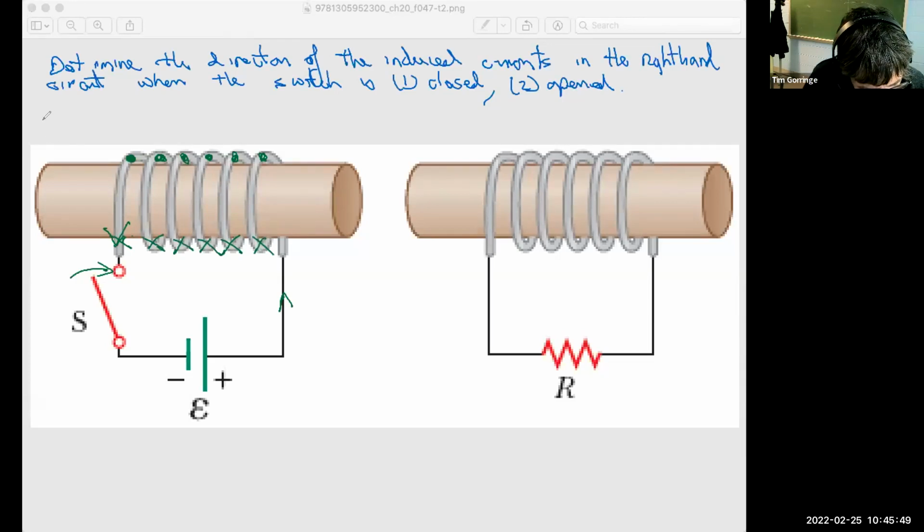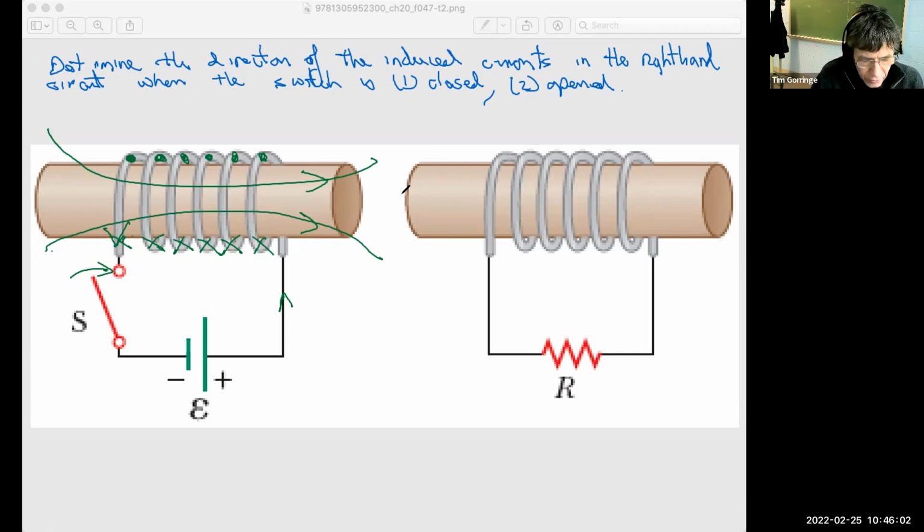It's telling me that the magnetic field lines created by the solenoid travel from the left towards the right. So this is the magnetic field that we're making with this solenoid when we switch it on. That's the magnetic field created by the solenoid when the solenoid is energized.